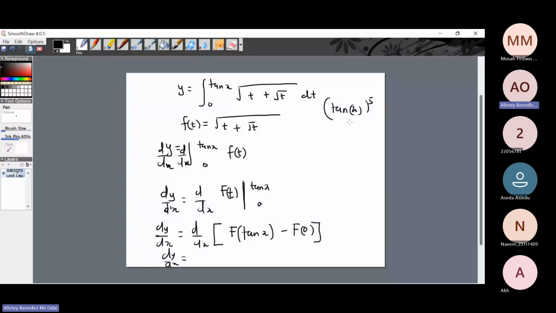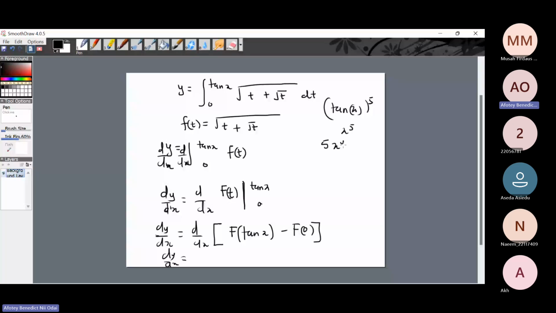So we differentiate the outer part and we come to the inner part. So we have tan x to the power 5. This is similar to x to the power 5. Now, how do we solve this? We just bring the 5 here and subtract the power by 1.